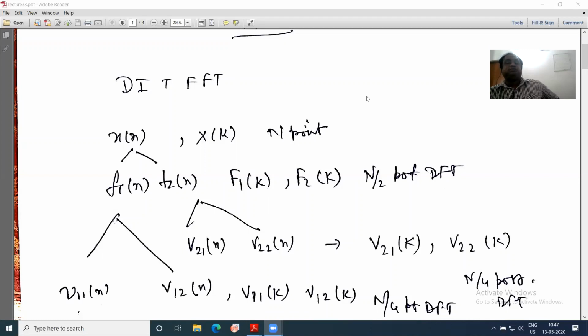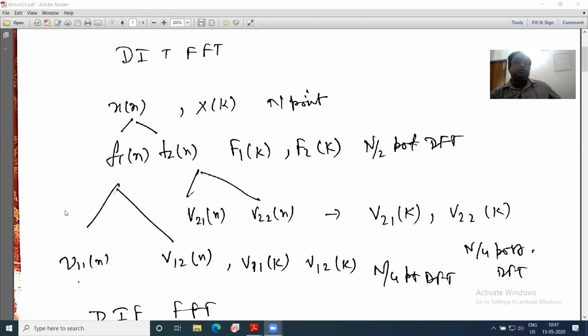Now in DIT-FFT, what we have seen is that if I have the original x of n, and X of k is an n-point DFT, then x of n is divided into two signals, f1 of n and f2 of n, and correspondingly f1 of k and f2 of k are the DFTs. These are n by 2 point.